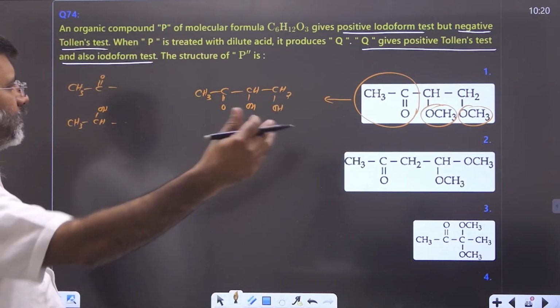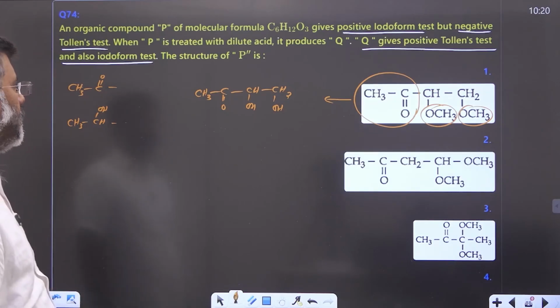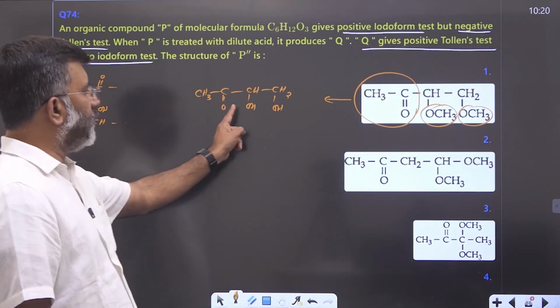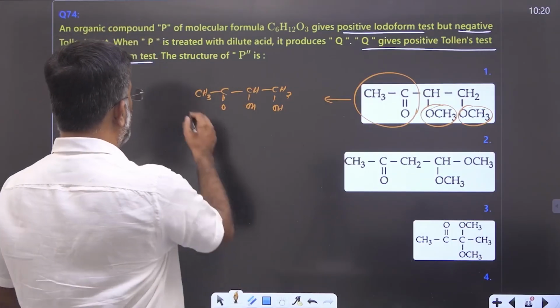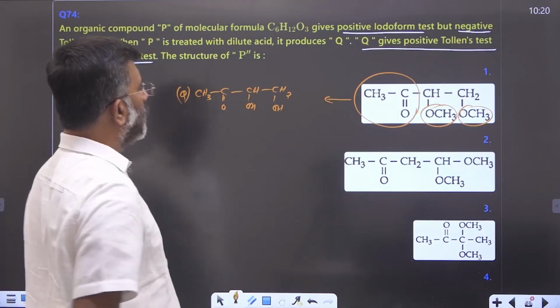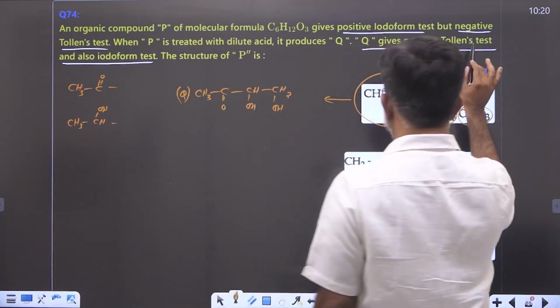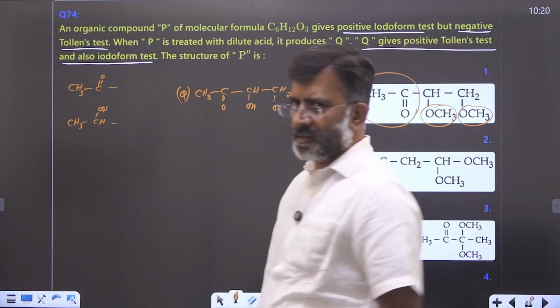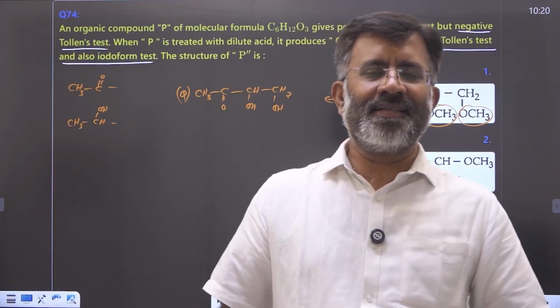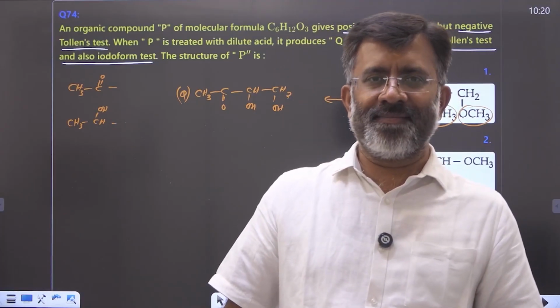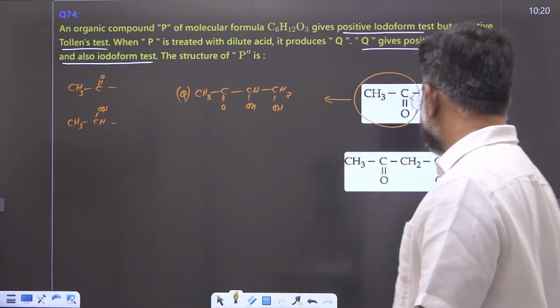That acetal group is hydrolyzed, that ether group is hydrolyzed, and you get a vicinal diol. Now this is the compound Q. Q should give a positive Tollens test and iodoform test. Wrong. It cannot give you a positive Tollens test. The Tollens test is given by aldehydes.